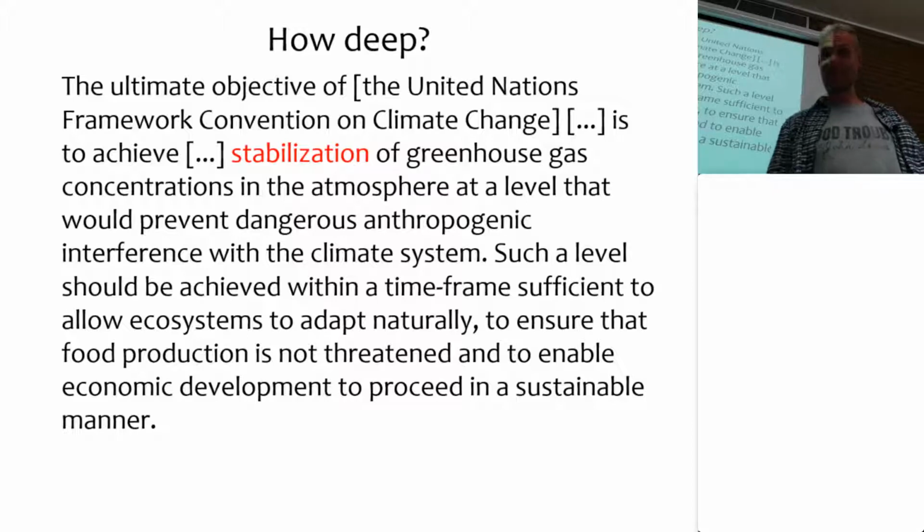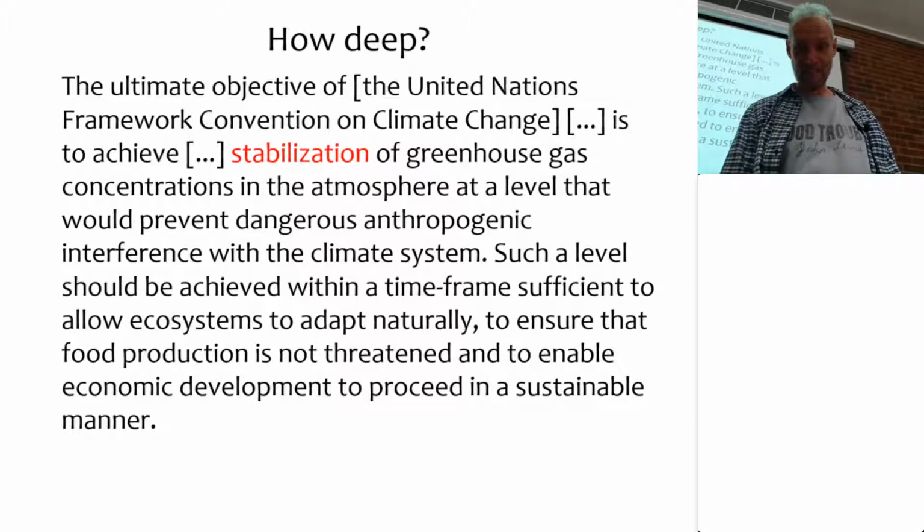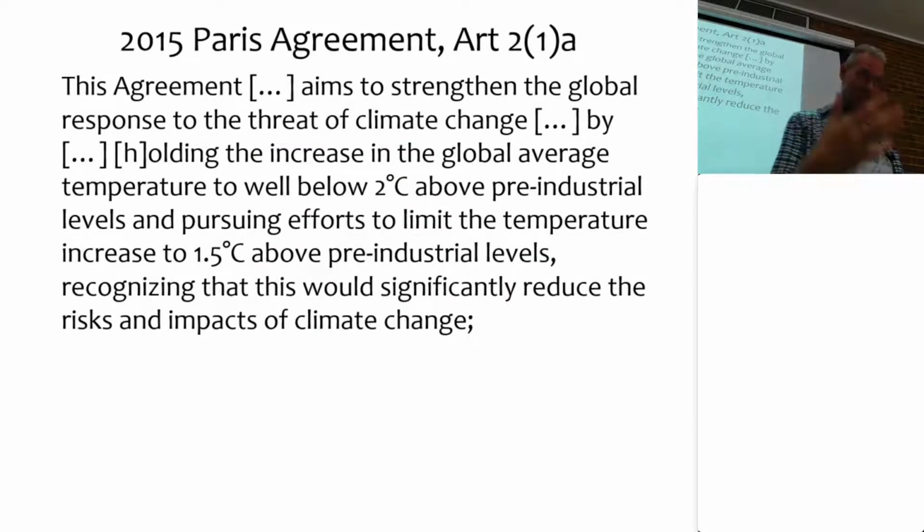That is not contained in here. That is contained in the Paris Agreement, also in Article 2. It was negotiated 7 years ago in Paris, as you may have guessed. The United Nations Framework Convention was negotiated in Rio de Janeiro.